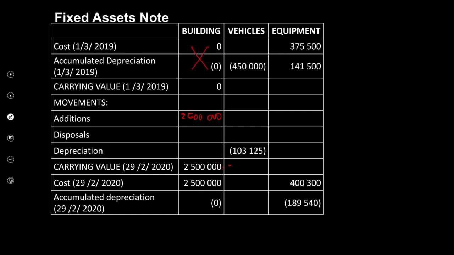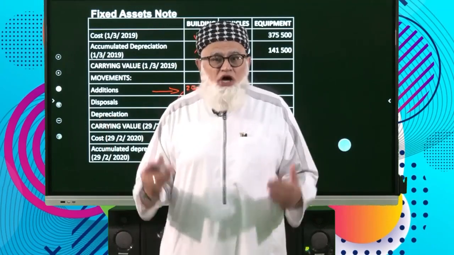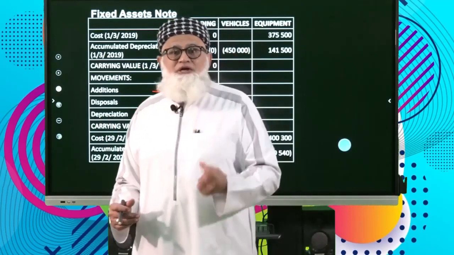During the year, you purchased land and buildings to the value of 2,500,000, and as a result, that is now your closing balance at the end of the year. Also, remember that land and buildings does not have any accumulated depreciation. Land and buildings do not depreciate in value, rather they appreciate in value. Okay, so that's your land and buildings sorted out.